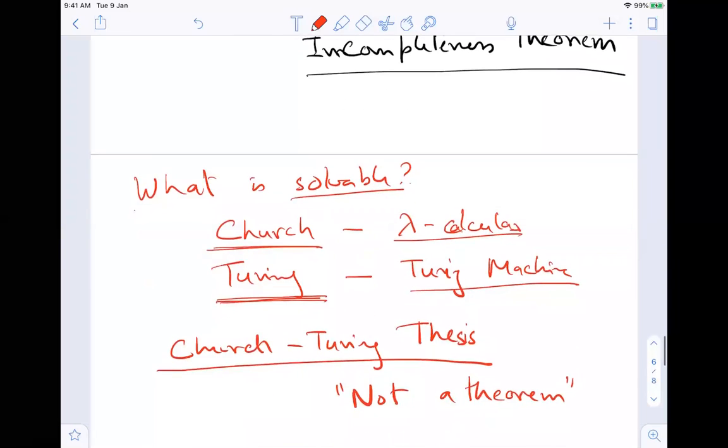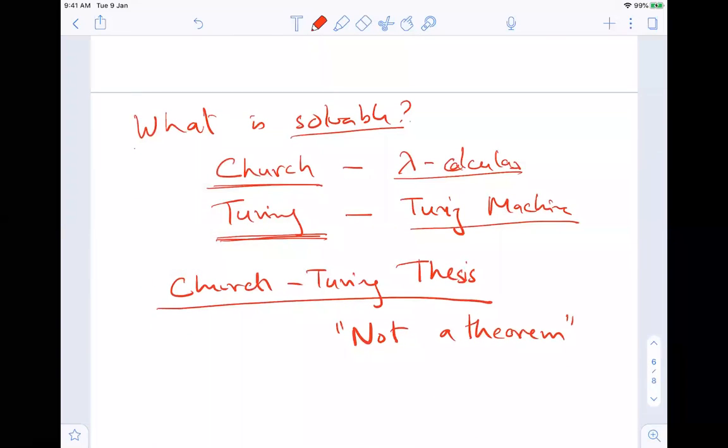And I will tell you that many times this thesis has been challenged. In particular, when the concept of quantum computing came into the picture, Feynman and others asked, using a quantum computer, can you prove more things?